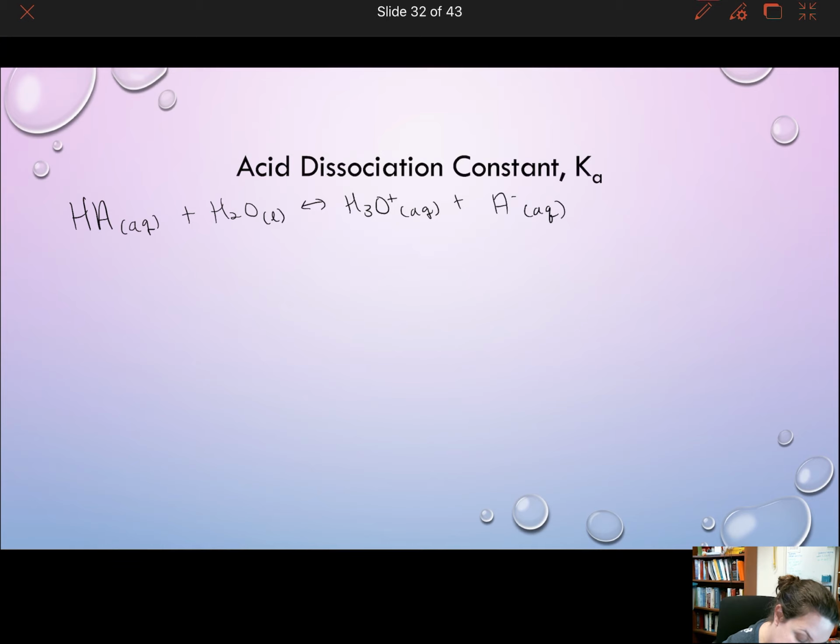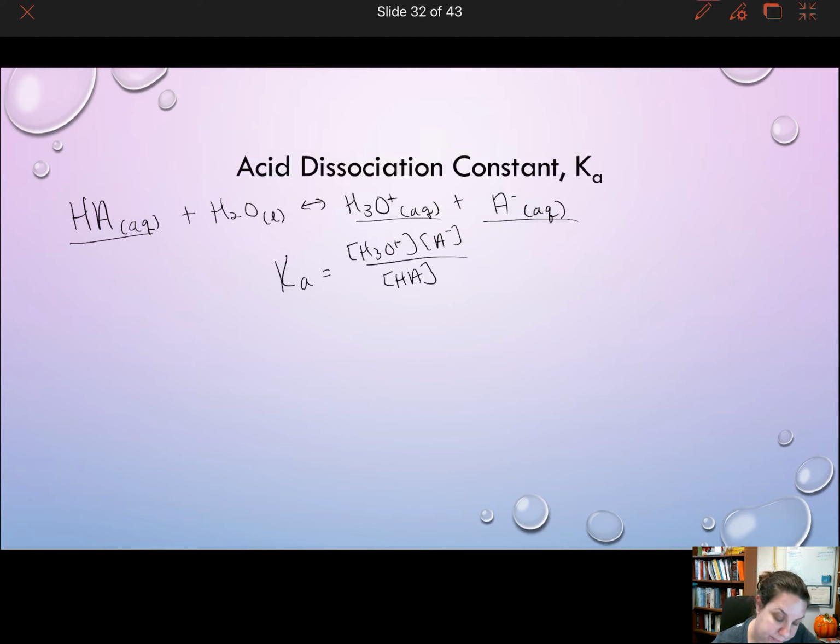The Ka for this, we're going to include any species that is aqueous or gas, no liquids or solids, so we'll include hydronium, our conjugate base, and our weak acid.